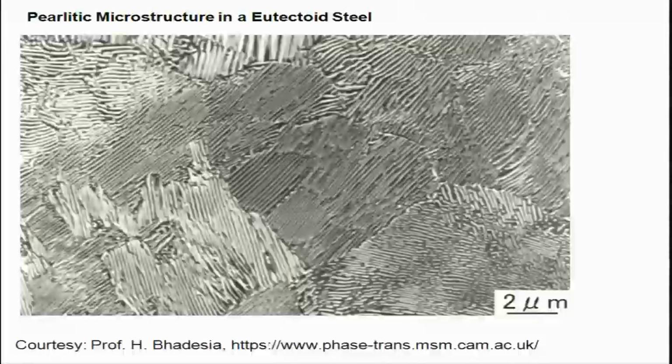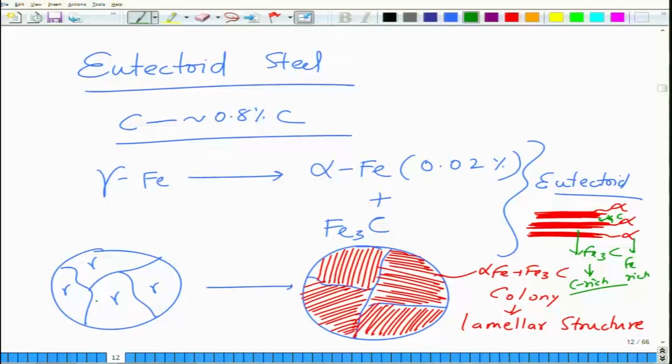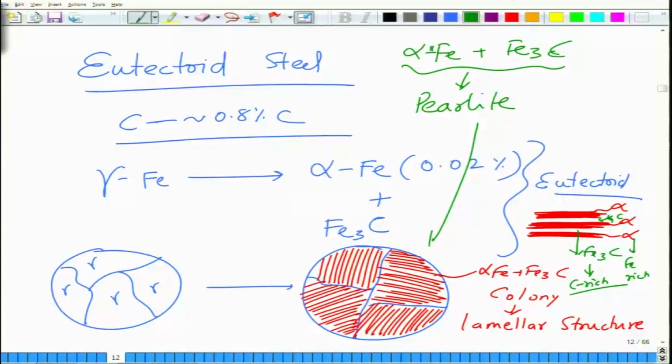So, in steel, this eutectoid mixture of alpha Fe plus Fe3C is called pearlite. As long as you have a microstructure with this lamellar morphology, it will be called a pearlitic microstructure.